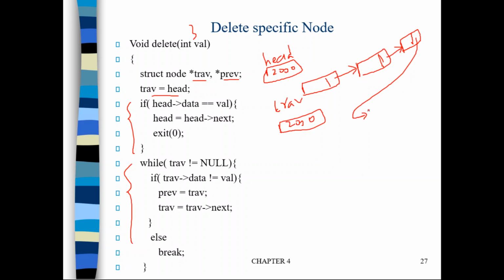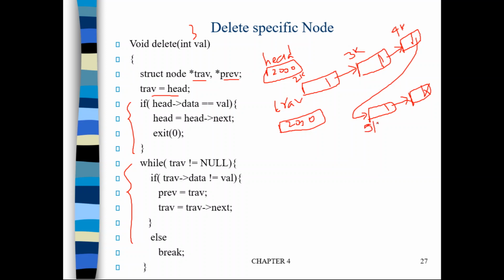This is the fourth node. This is the fifth node. The fifth node points to null. Say this starting address is 2000, I will call it 2k shortly. This starting address is 3000, 3k. Its starting address is 4000, 4k. And the starting address of this node is 5000, 5k.